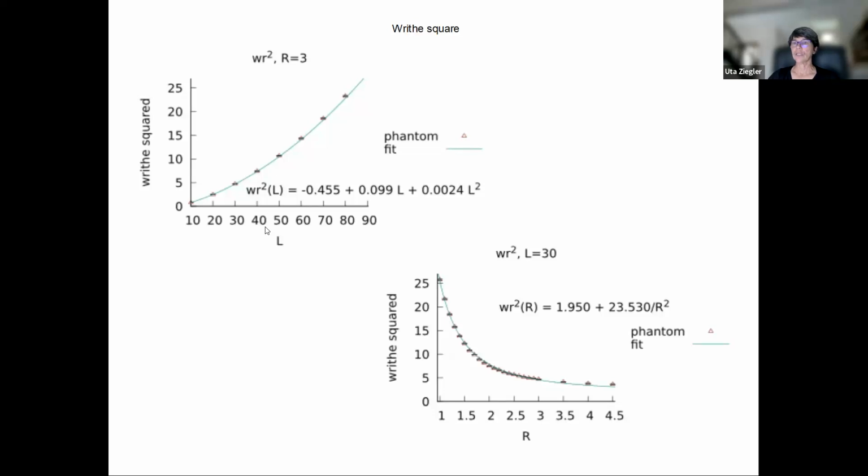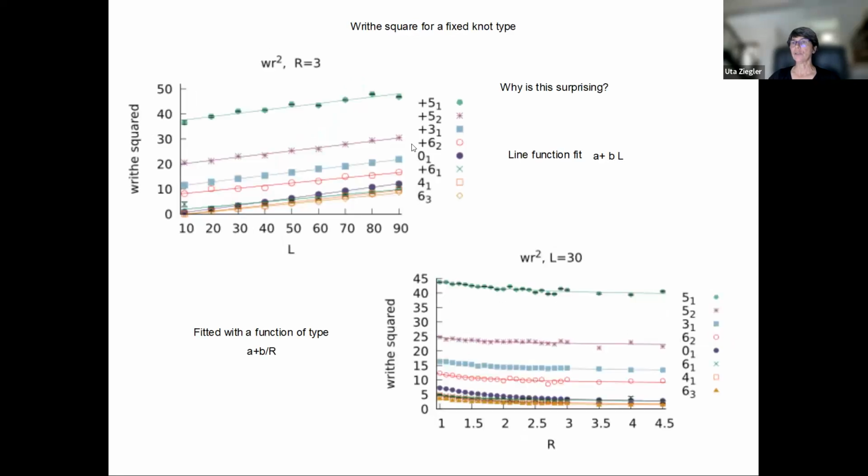And then we decided to look at the Reith squared for particular knot types, not crossing numbers, sorry. So if you're looking at this, you see that the graph along the x-axis for different lengths of the knots is actually linear.